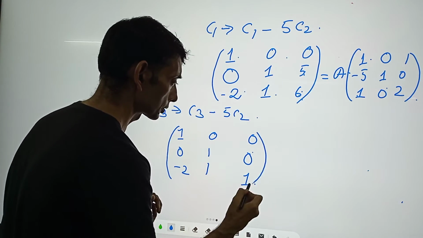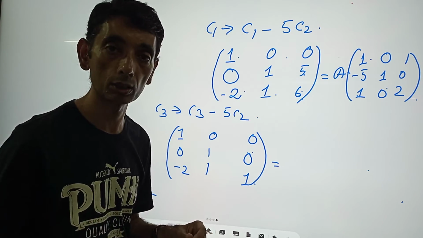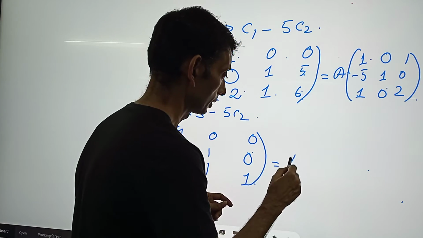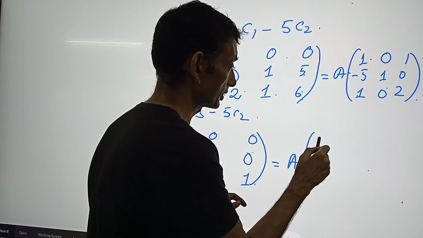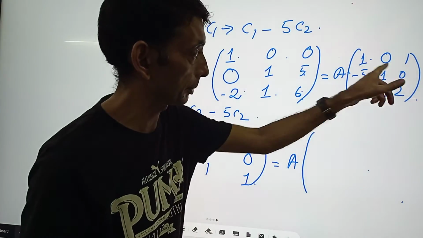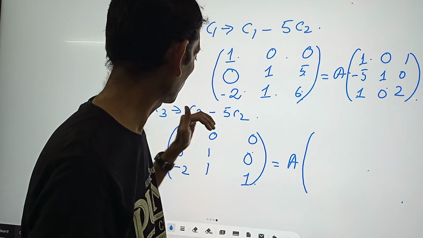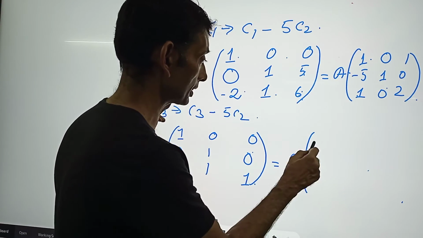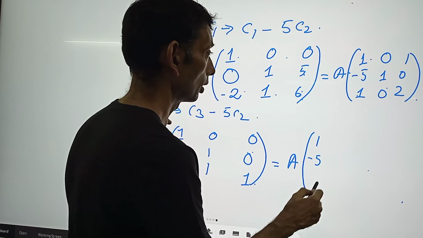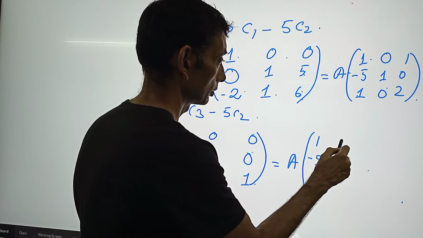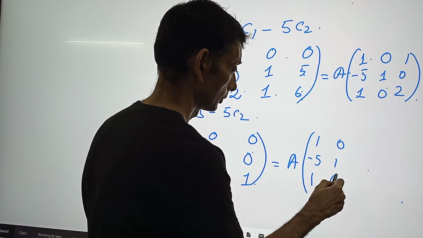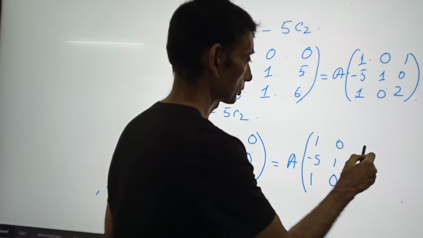So slowly we are coming closer to the answer. Be careful about the changes that take place in this matrix. You are changing C3; there is no change in this. 1 minus 5, 1. So 0, 1, 0. So this is 1.